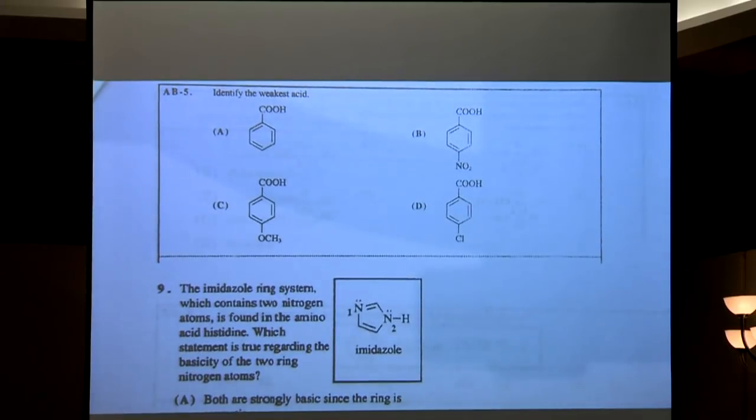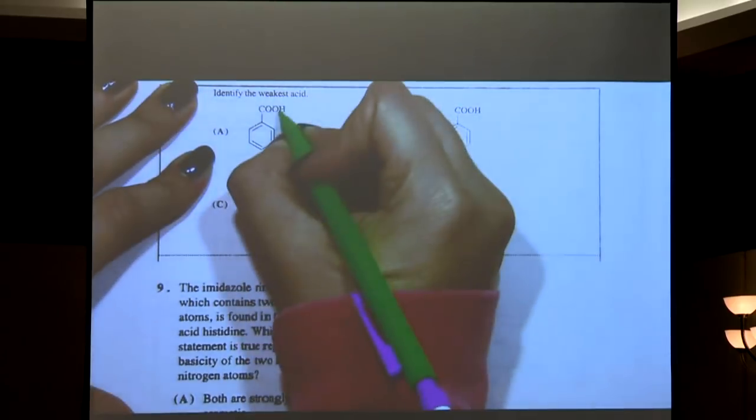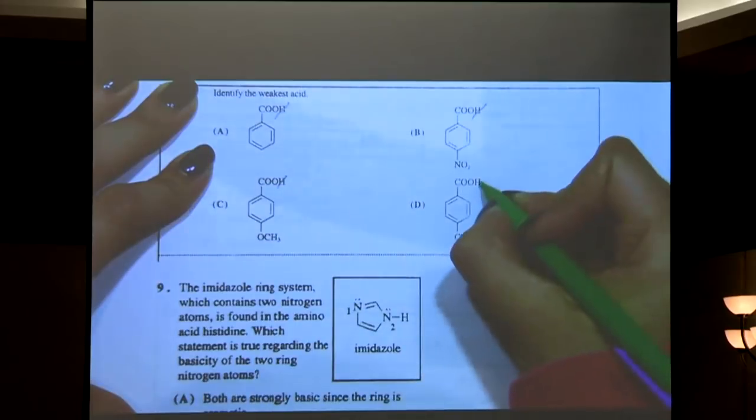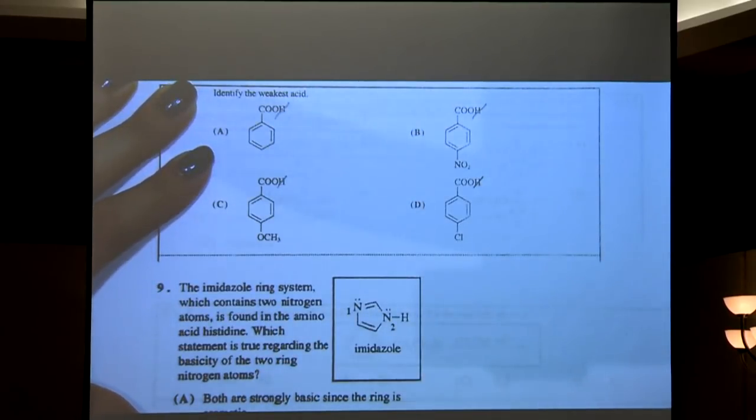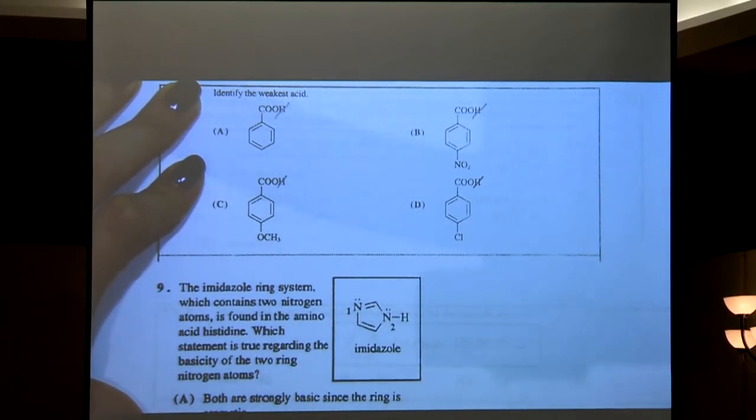All right, so identify the weakest acid. So same thing, we're going to look at the conjugate base. So if I were to get rid of all these hydrogens, the more stable the base, the what the acid? The stronger the acid. So in this case, which one would be my strongest acid?